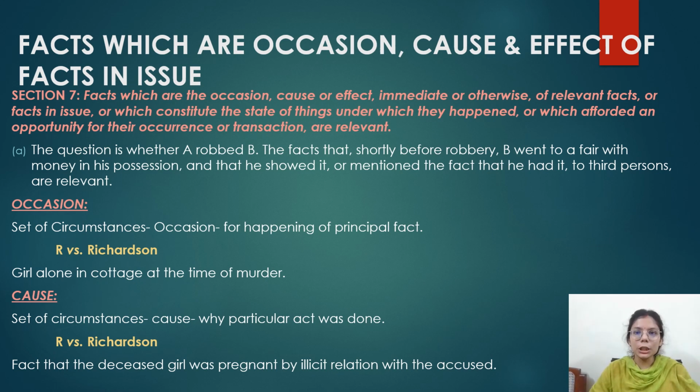Facts which are the occasion, cause and effect of a fact in issue. Section 7 deals with facts which are the occasion, which help other facts to take place, which are the cause, the reason why the fact in issue actually happened, and the effect of the fact in issue, that is, what was the result of the fact in issue.